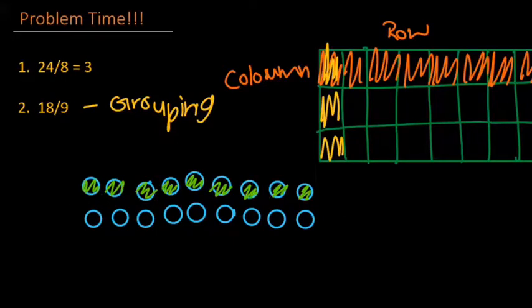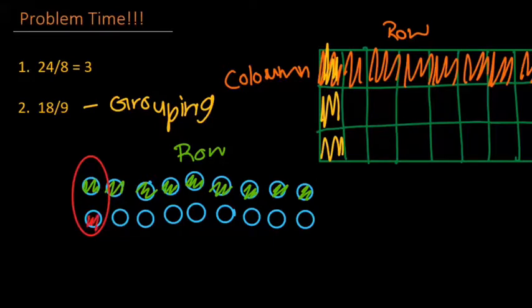We have 9 circles in the row. And again, if you're wondering why it's so convenient, that's because we're dividing by 9. So we can easily just do this and we have our answer already.